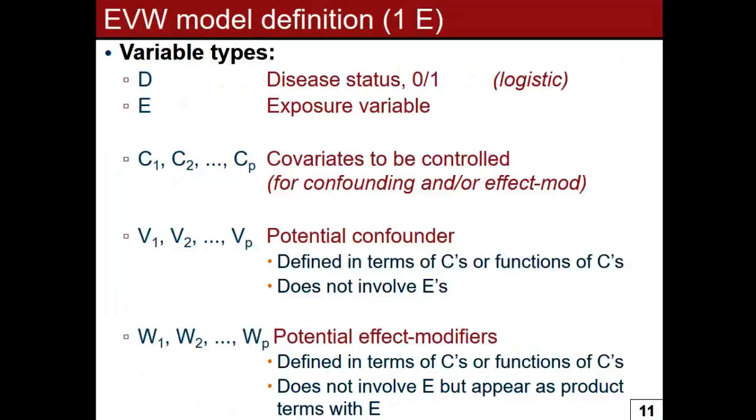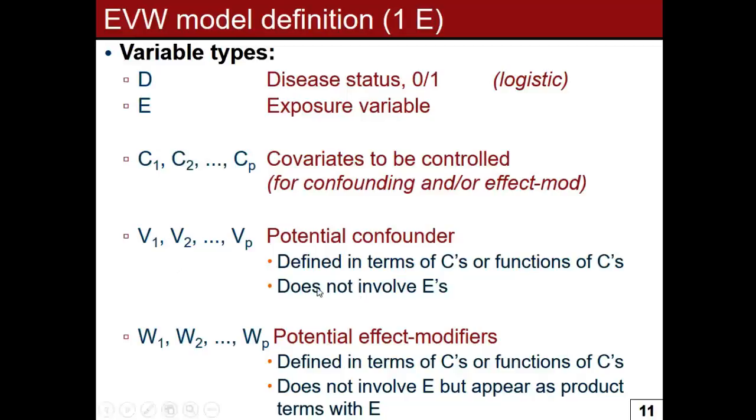So here's formally everything we just said. These are the definitions of all these things, right? So disease and exposure, I don't need to tell you about that. Covariates that we want to control for as either confounders or effect modifiers show up as V's or W's in the model. The potential confounders may be C's, like C all alone, or C squared, or C2 times C3, or whatever it is.